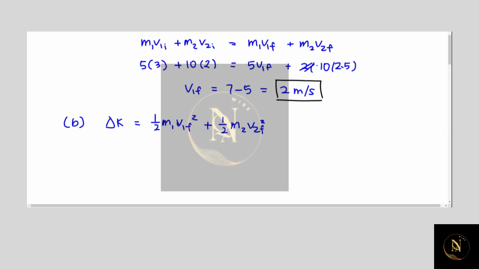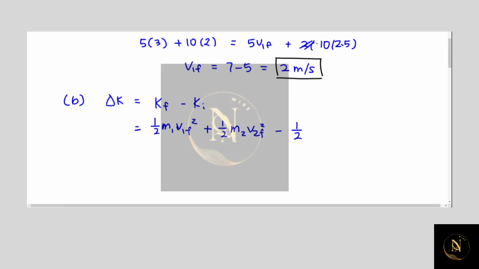This is the final kinetic energy, and then you subtract the initial kinetic energy. It's K final minus K initial. K final is the first 2 terms, and the K initial will be the last 2 terms.